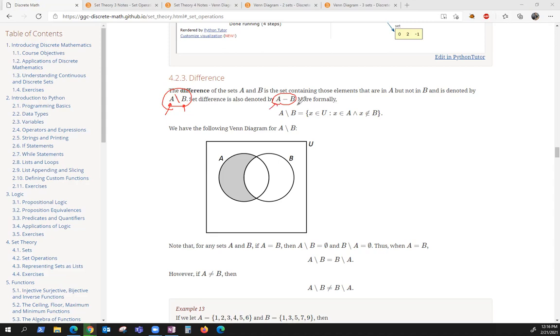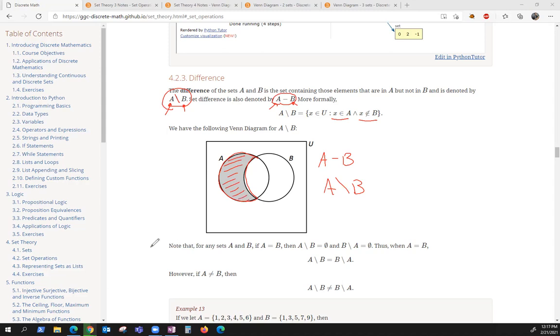You have A, and you subtract out what's in B. So this is everything that's in A and is not in B. On the Venn diagram, it looks like a cookie with a bite taken out of it. This is A minus B, or the difference of A and B. It's the cookie with a bite taken out of it. So you take A and you just highlight the things that are not in B.